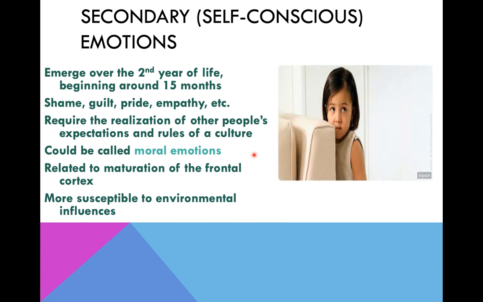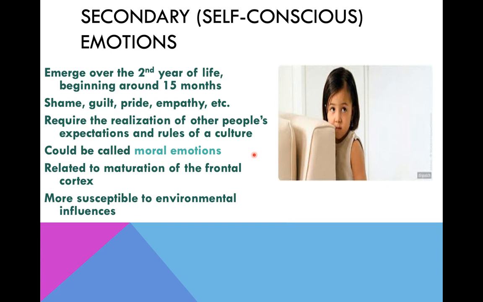These all require the realization that there are certain expectations, certain rules, social norms, and so children feel and express these when they have violated some social norm, which is why we sometimes call these moral emotions, right? Guilt is when you know you did something that you weren't supposed to do. Empathy is when you feel bad because someone else feels bad, right?